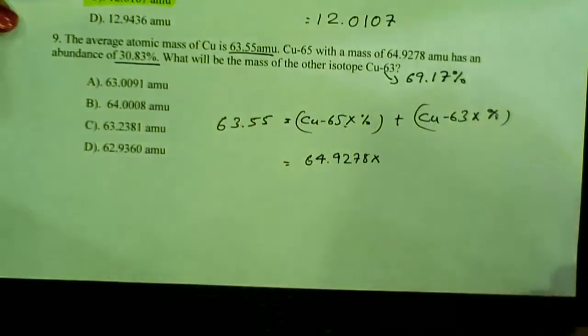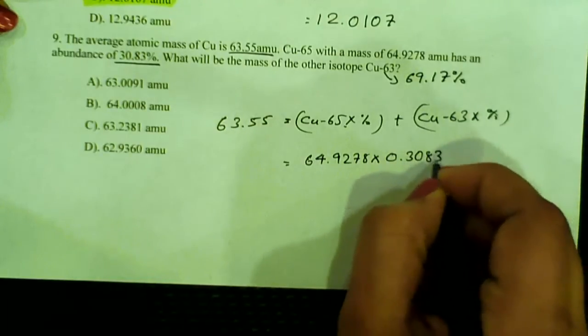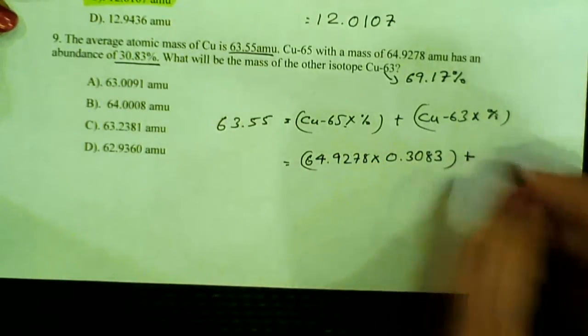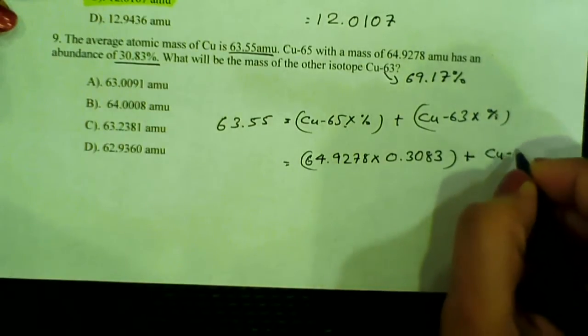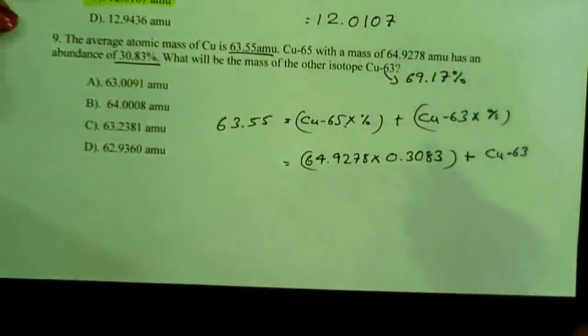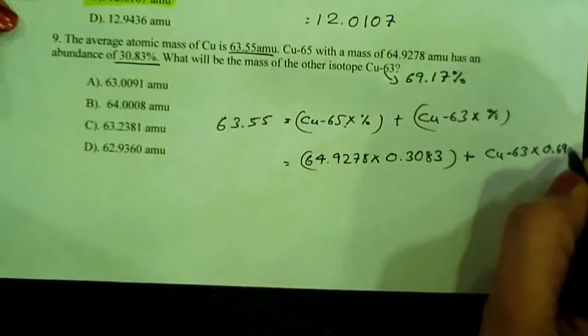Use that in decimal form, so it's going to be 0.3083, plus, you don't know the mass of copper 63, that is what we have to figure out, times its percentage, 0.6917.